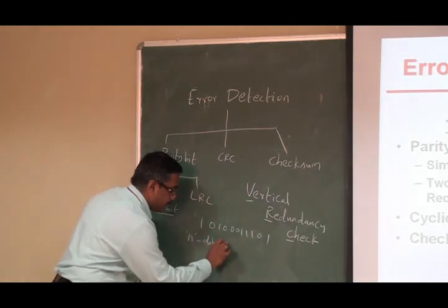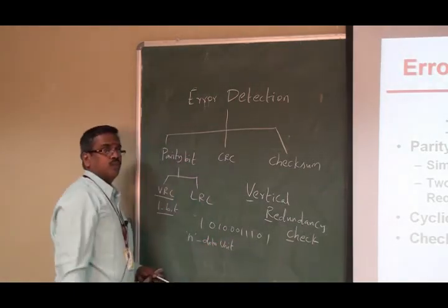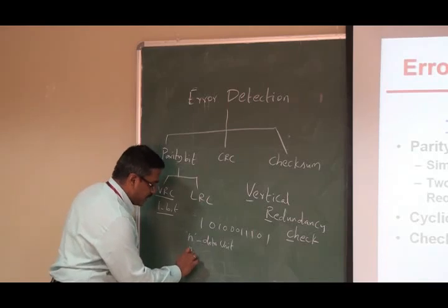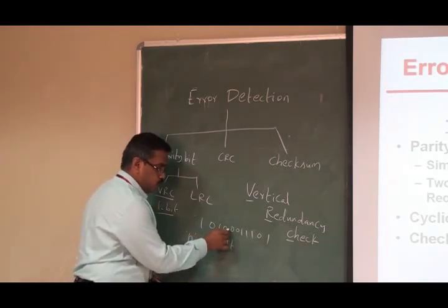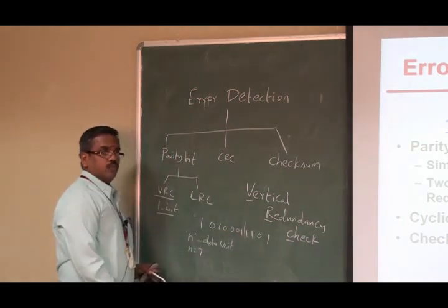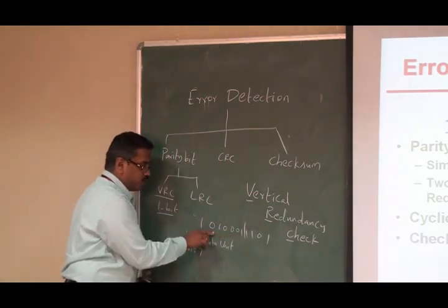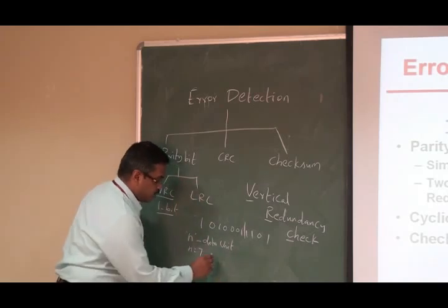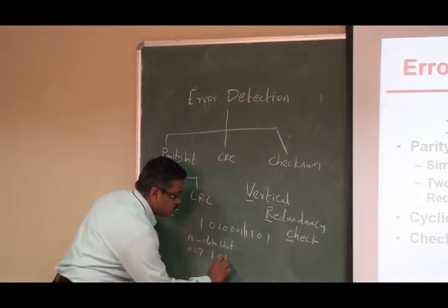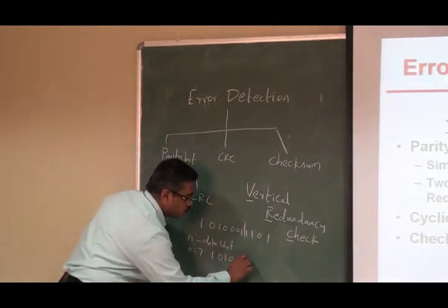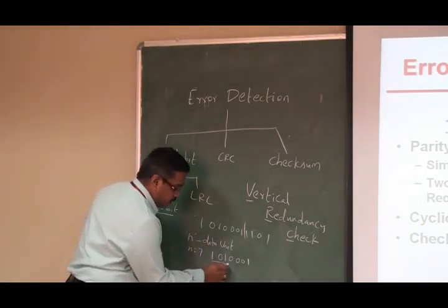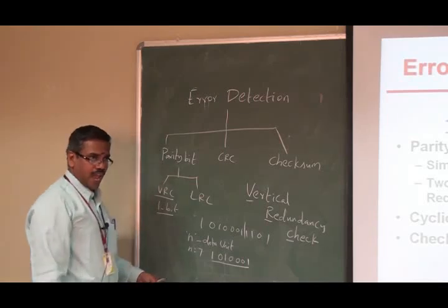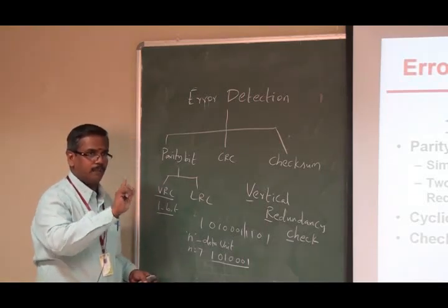For example, I am fixing n equal to 7: 1, 2, 3, 4, 5, 6, 7. So these 7 bits form a single data unit, the original data unit 1 0 1 0 0 0 1. In this data unit you add 1 bit, which is called a parity bit.